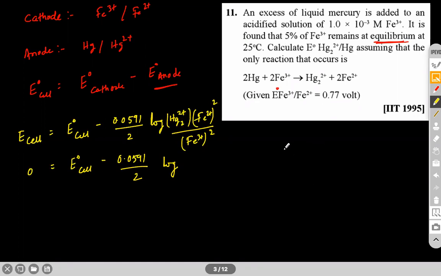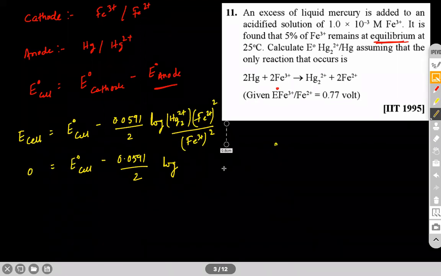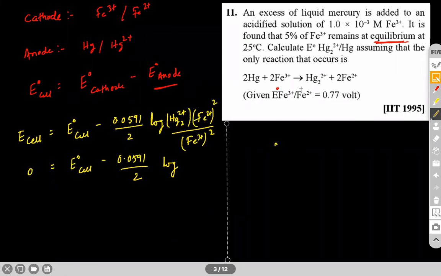We have Fe3 plus, the reaction is this, and the concentration we can find out with this value. The 5% thing is there.